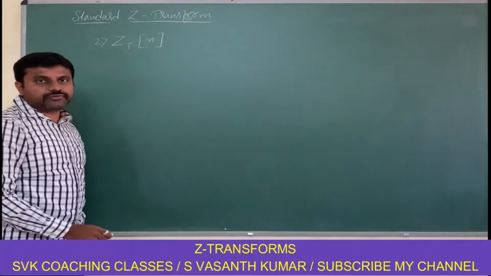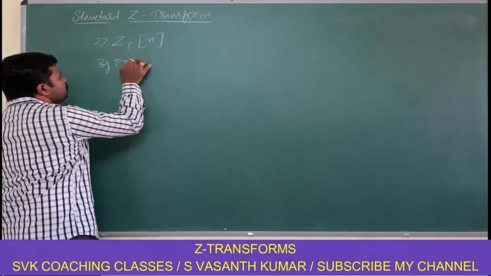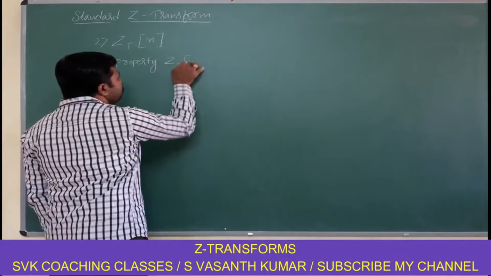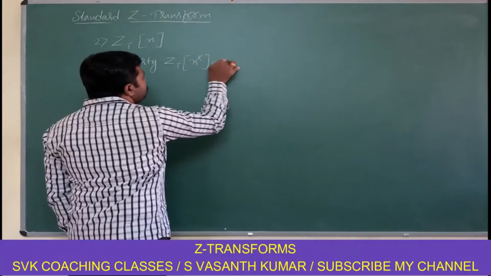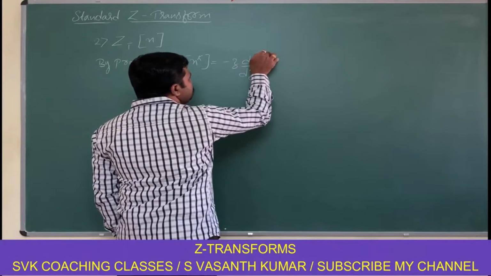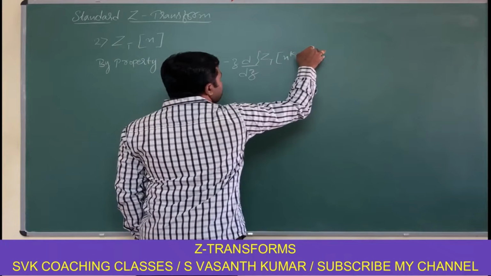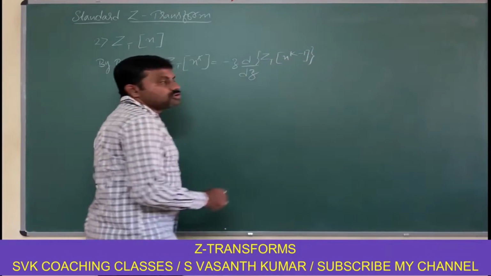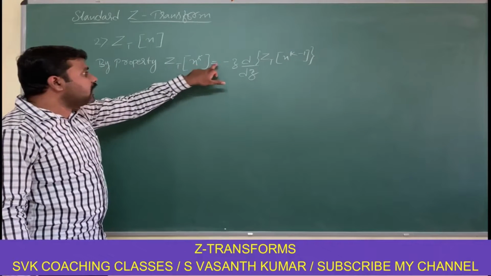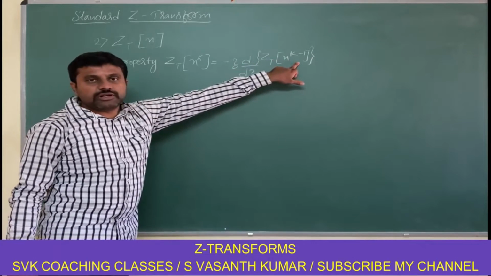By property of Z transform, we know that Z transform of n power k is equal to minus z into d by dz of Z transform of n power k minus 1, right?